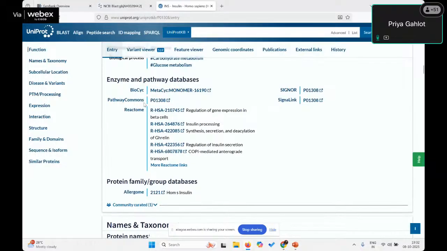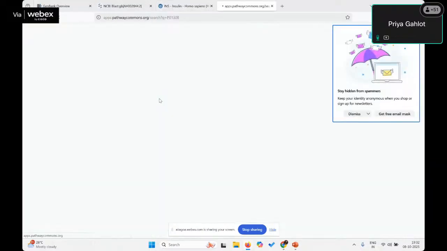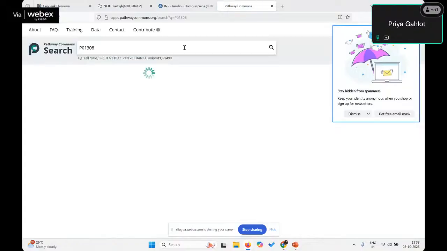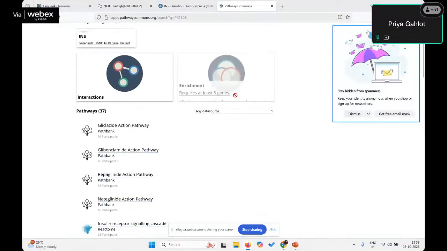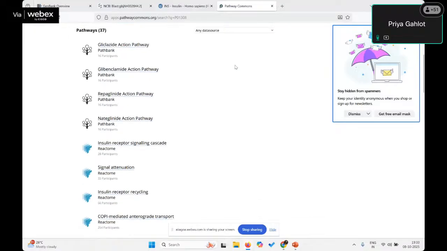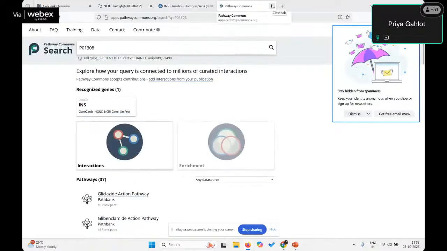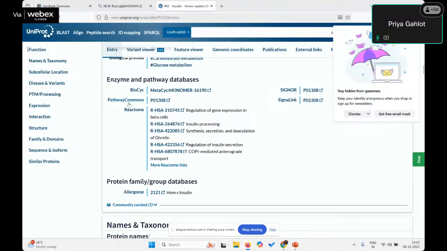So here, if you click this, it will open another database, which is Pathway Commons. It will give you the pathway search for this particular protein. It will give you interactions and enrichment. You can do your pathway analysis studies and other studies.